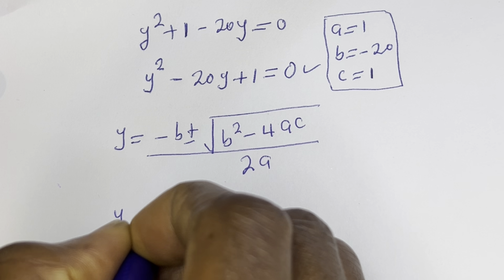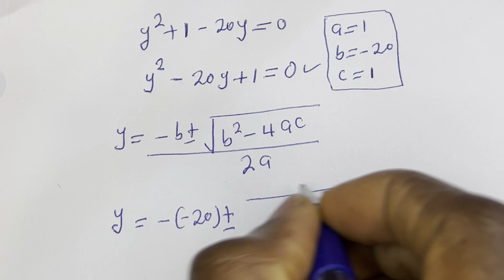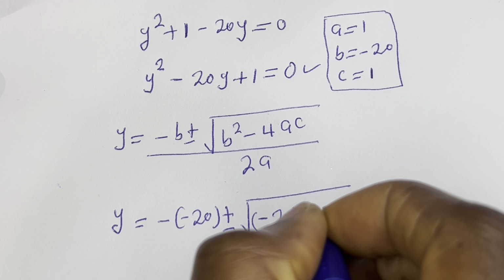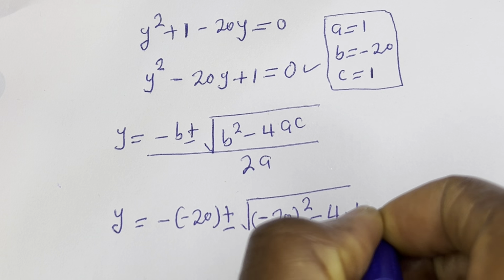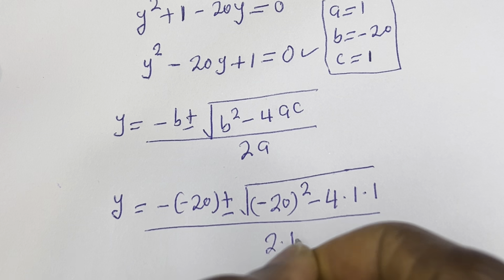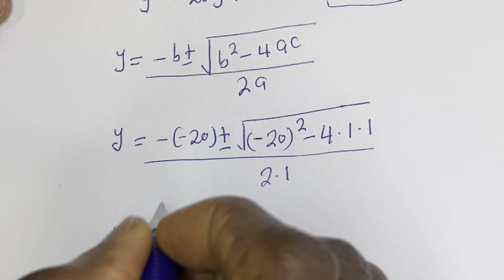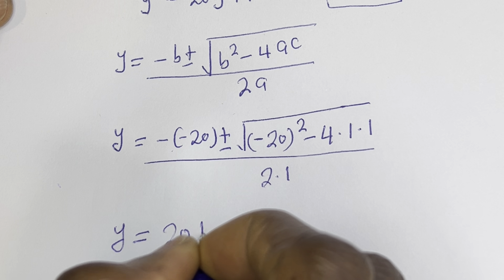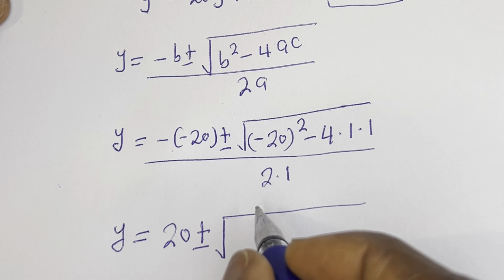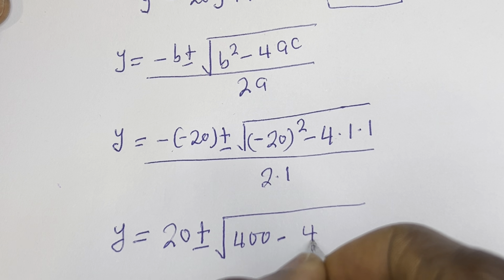Then y is equal to minus bracket minus 20 plus or minus square root of minus 20 squared minus 4 multiplied by 1, everything divided by 2 multiplied by 1. y is equal to minus times minus 20, this is 20, plus or minus square root of minus 20 squared, that is 400, minus 4 multiplied by 1, that is 4.